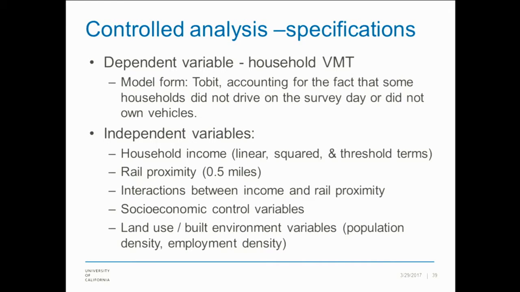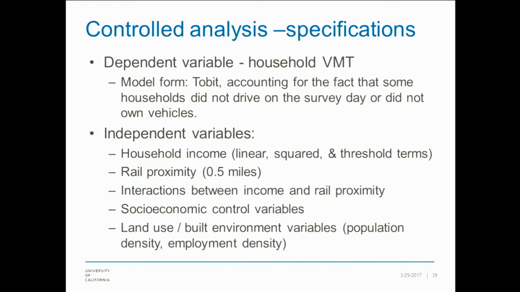So what we did here is to do a regression analysis that tries to account for the fact that while the cross-sectional data show that VMT differences associated with rail access are larger for higher income households, there are lots of other factors than rail access that may play a role, such as household size, the age of the respondent to the survey, which is one randomly selected adult, whether the household only has one adult, the sex of the respondent, the race ethnicity of the respondent, and there's a number of other observed factors that could also influence auto use, which could also be correlated with both rail access and income.